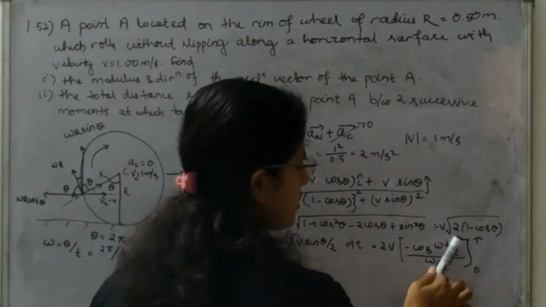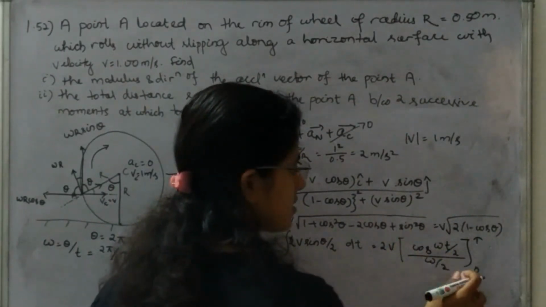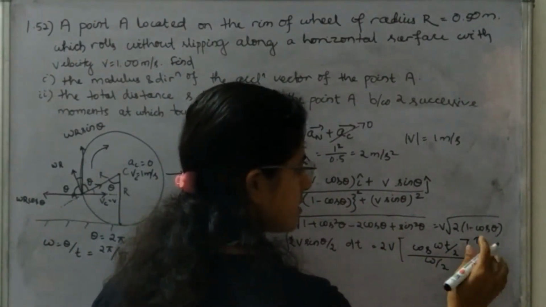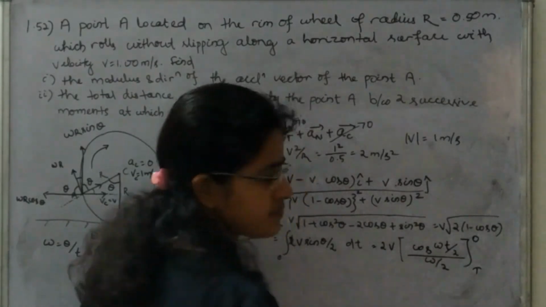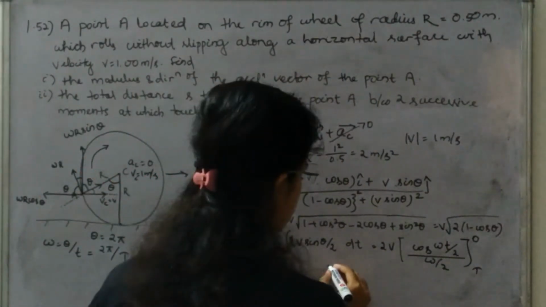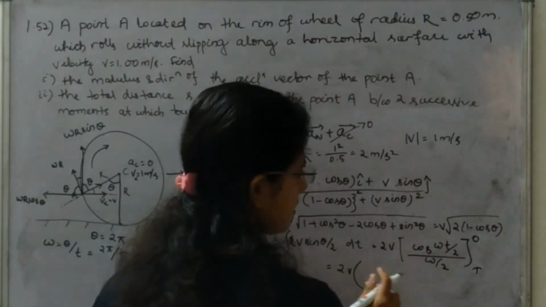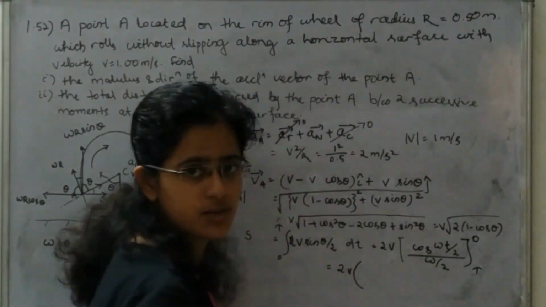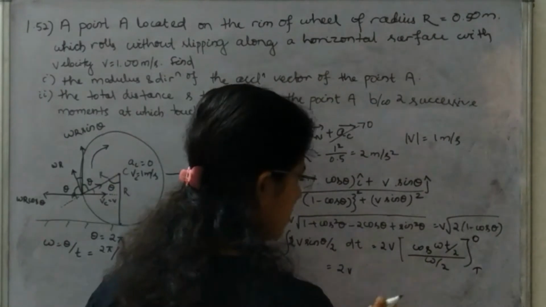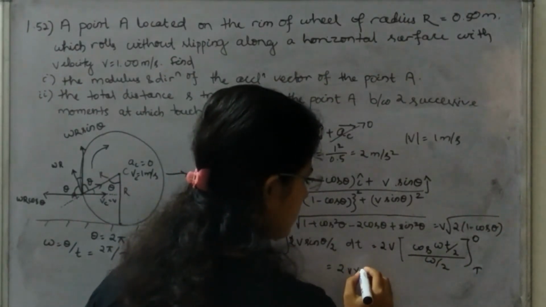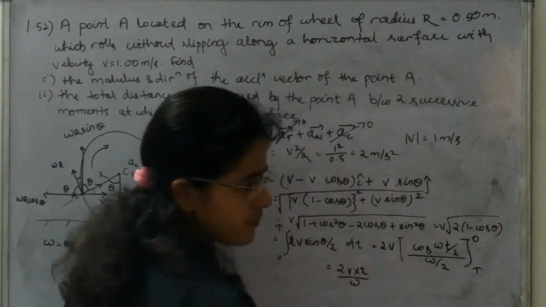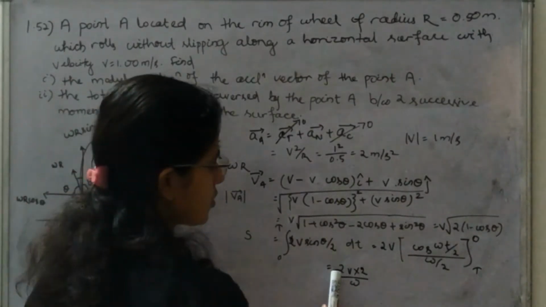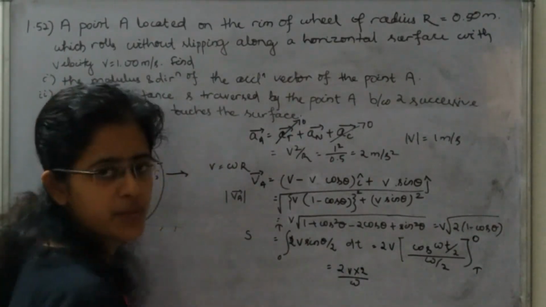Okay. So to avoid this minus sign, we can change this limit. So this is 2V in the bracket. This is cos(omega t by 2). We can take the 2 divided by omega outside. So this is 2V into 2 divided by omega. Okay. So 2 into 2, 4V divided by omega.